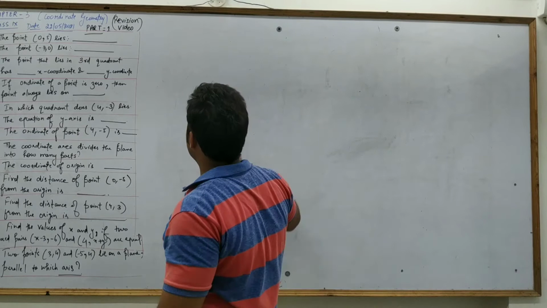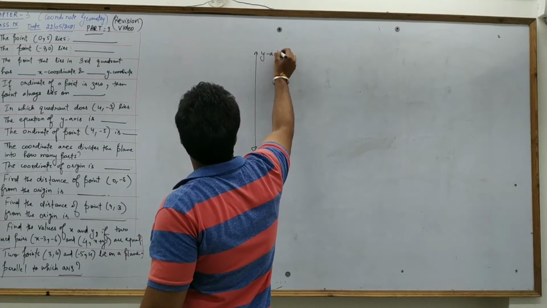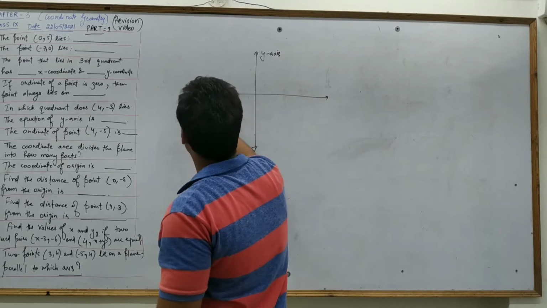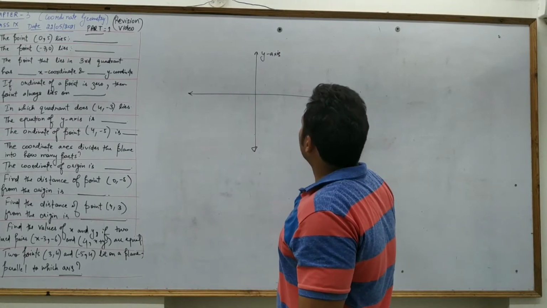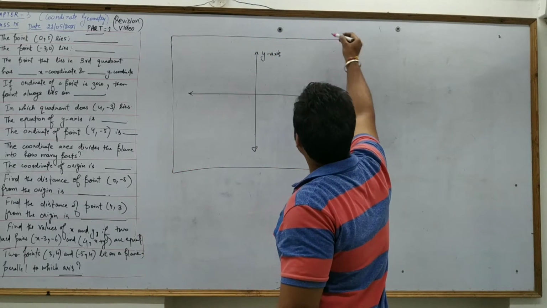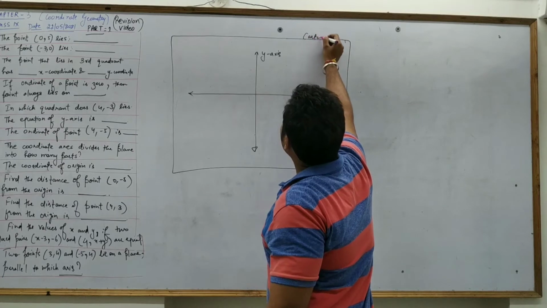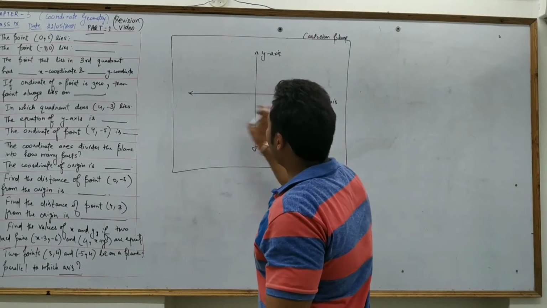Okay, let's start. This vertical axis is called the y-axis and this horizontal axis is called the x-axis. These two axes cut this Cartesian plane into 4 equal parts.